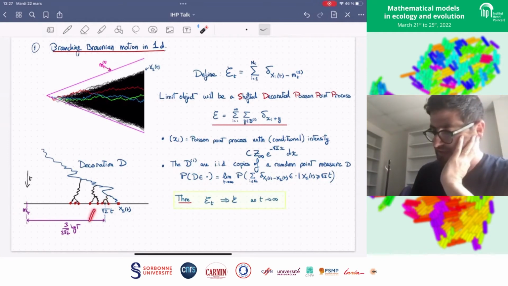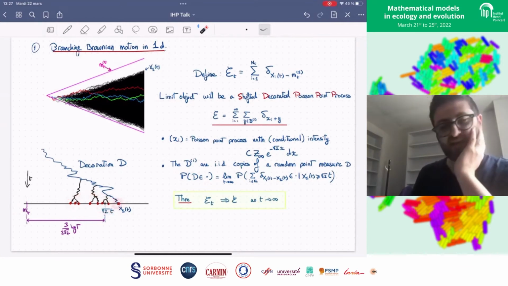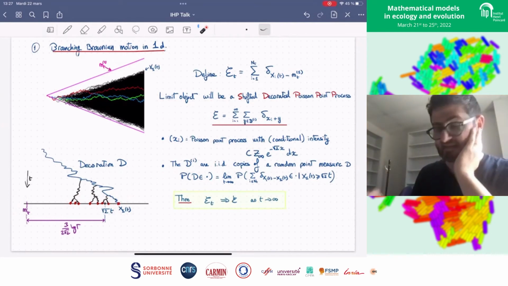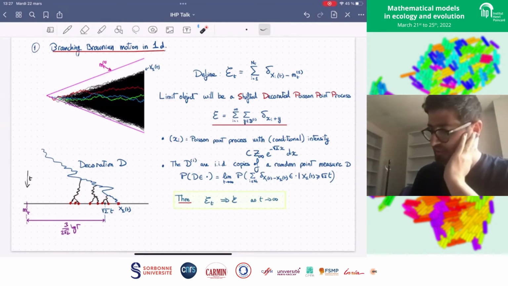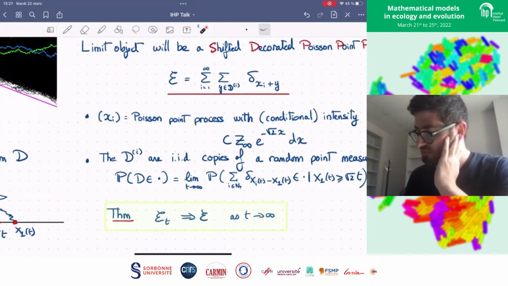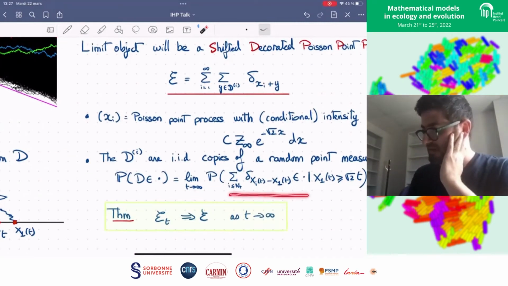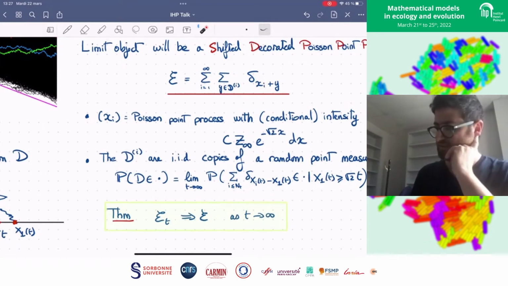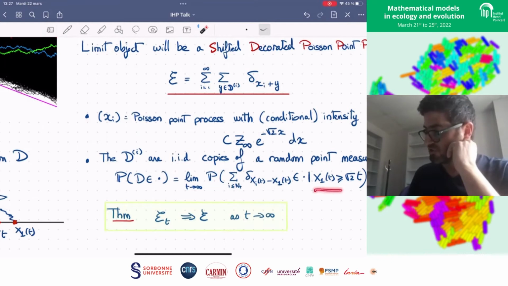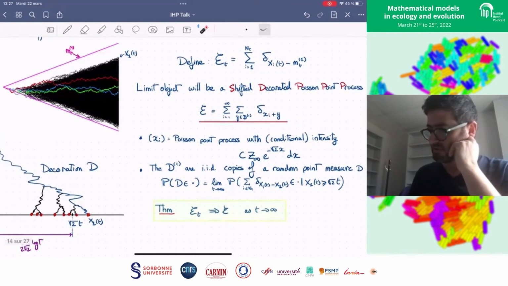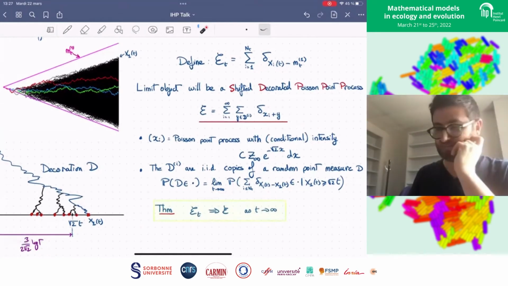You get the collection of all those positions, and as t goes to infinity you can show that this has a limit distribution, seen from x_1(t). So you look at the sum of the Dirac masses of the positions of the particles centered by x_1(t), conditional on x_1(t) being bigger than √2 t. This has a limit in distribution that you call D, and that's your decoration.